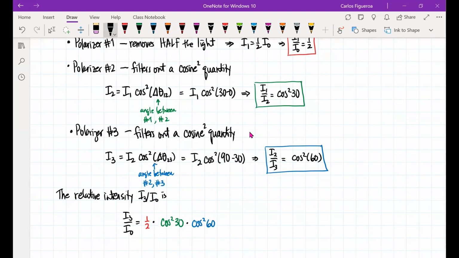So when I multiply these all out together, I get 0.094, which tells me that I3 divided by I0 says that only 9.4% of the initial light is what actually makes it through the three-filter system.